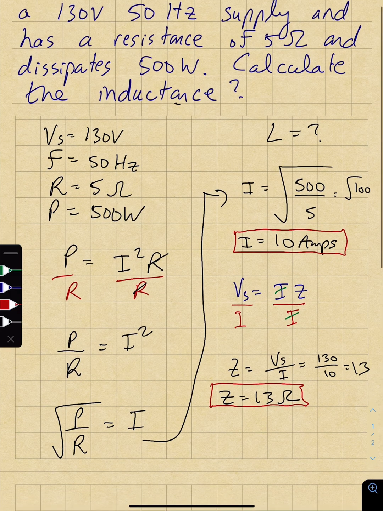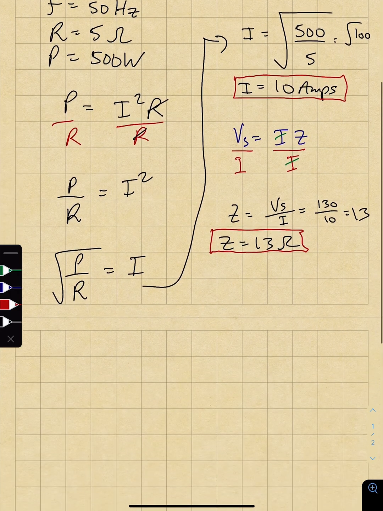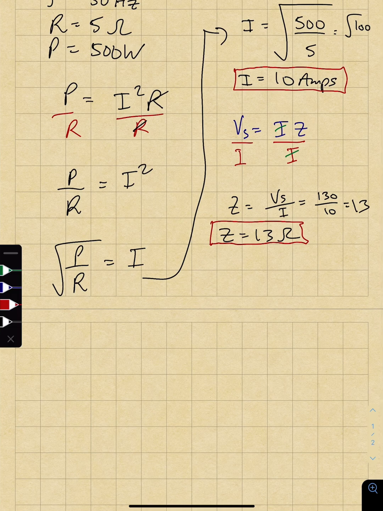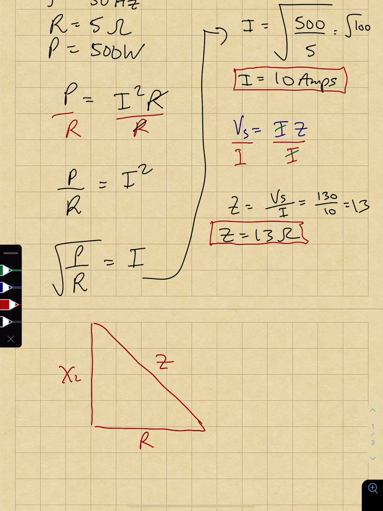Now our next step then will be to get X sub L, using the triangle like this. We know Z, we know R, and we're looking for X sub L. We're looking for this fella here. So by Pythagoras, the long side, Z squared equals XL squared plus R squared.